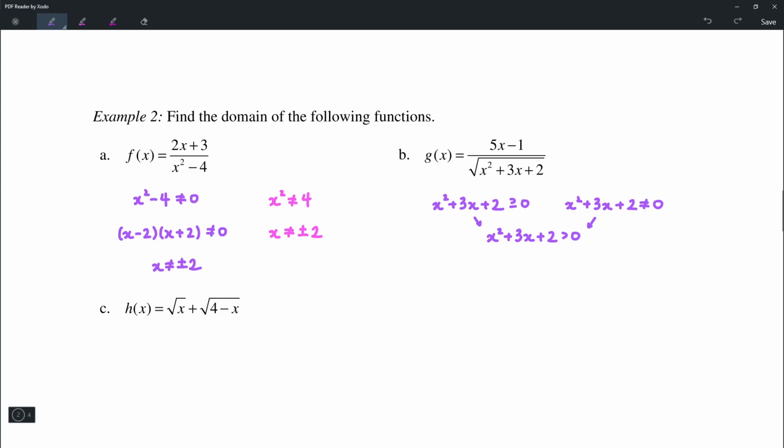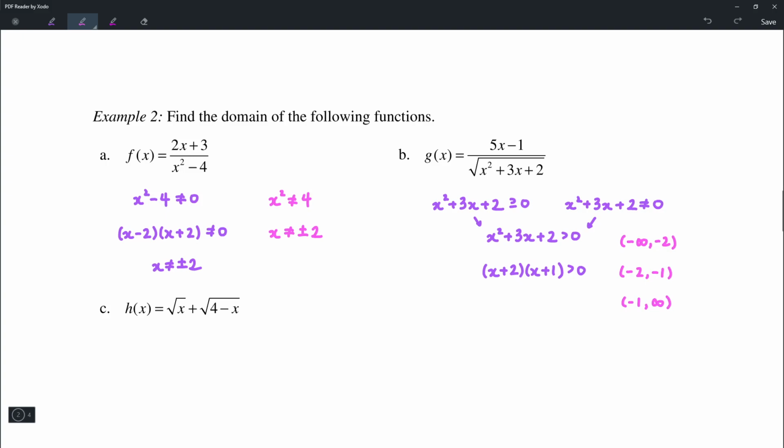So from there, we can, of course, factor the trinomial. We get x plus 2 and x plus 1 greater than 0. Considering the associated equation, we have two roots, -1 and -2, which means the number line will be cut into three parts: from negative infinity to -2, from -2 to -1, and finally from -1 to infinity.